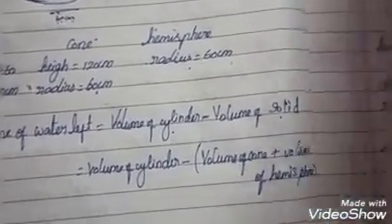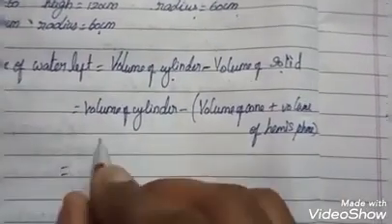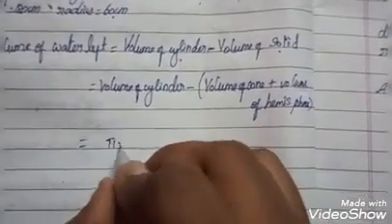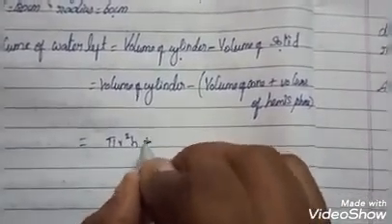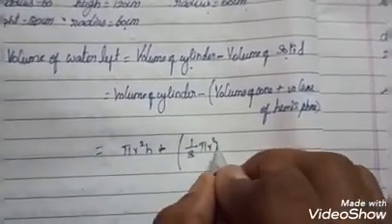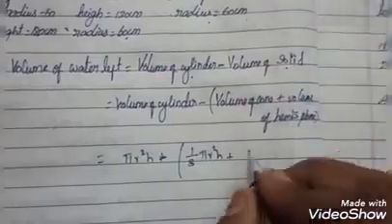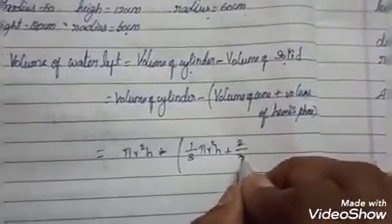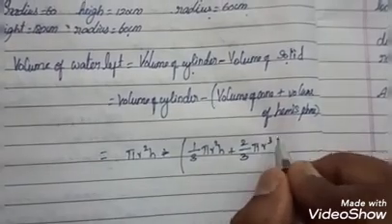You know that volume of cylinder is pi r square h, minus volume of cone, 1/3 pi r square h, plus volume of hemisphere, which is 2/3 pi r cube.